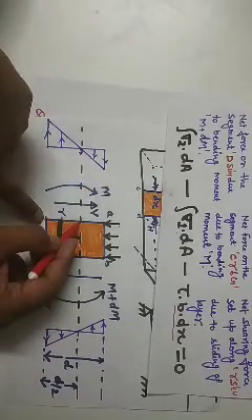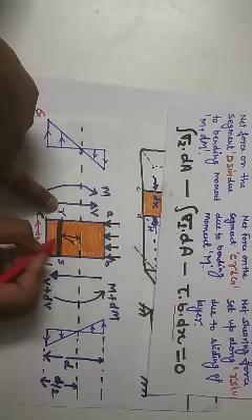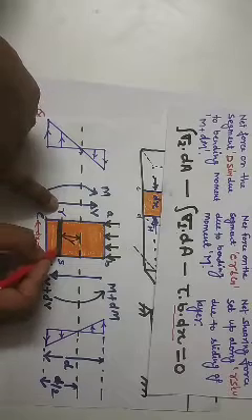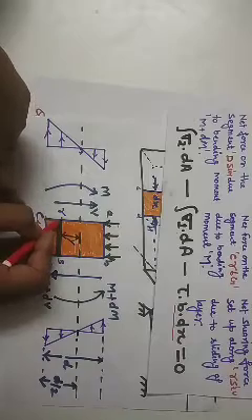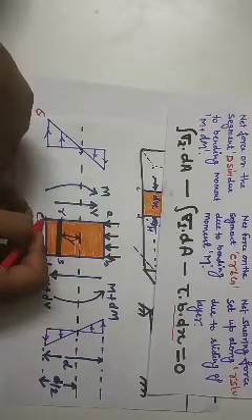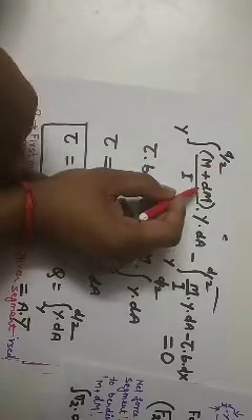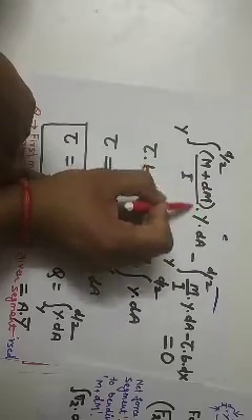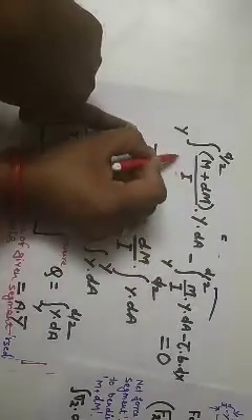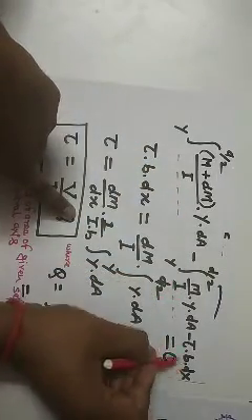This length is total d by 2, and for this layer RSCD, we are going to calculate the shear stress value at layer RS. Then y is varying from y to d by 2. We put the value here in the integration term, and sigma is replaced by the bending equation formula, M plus dM upon I into y. This whole term is sigma 2, this is sigma 1, and tau into b dx equal to 0.